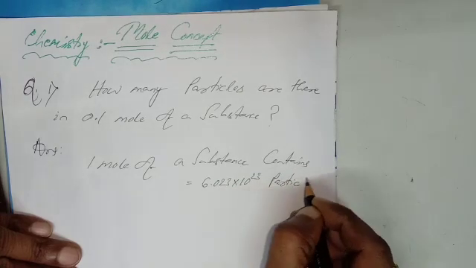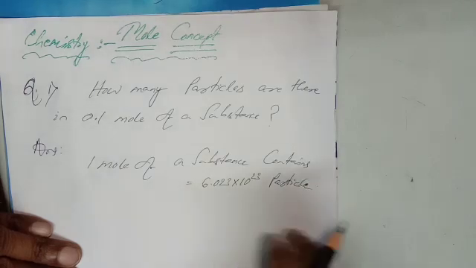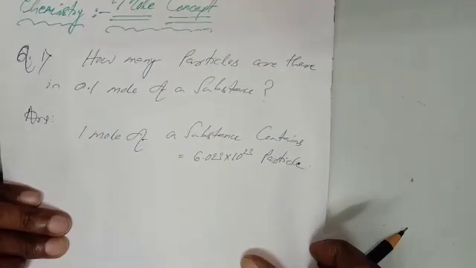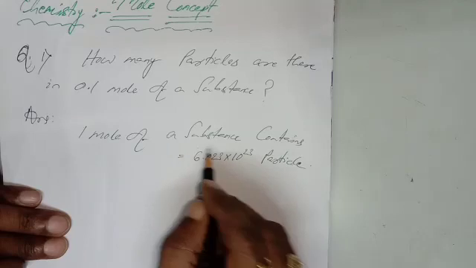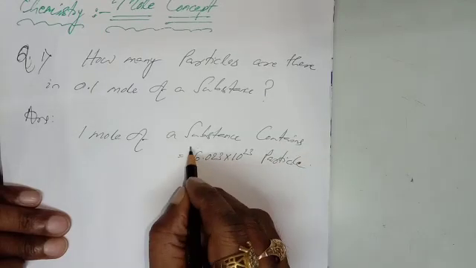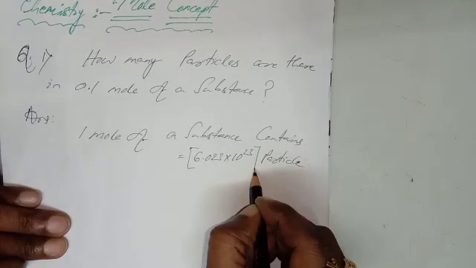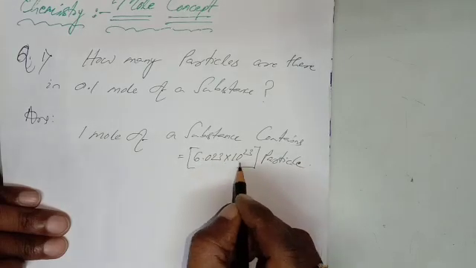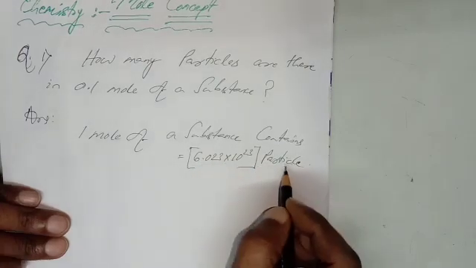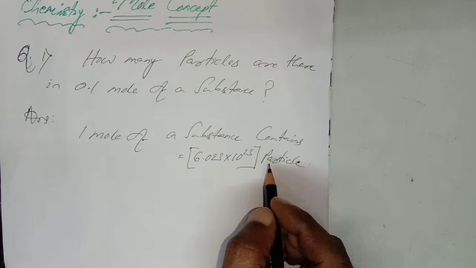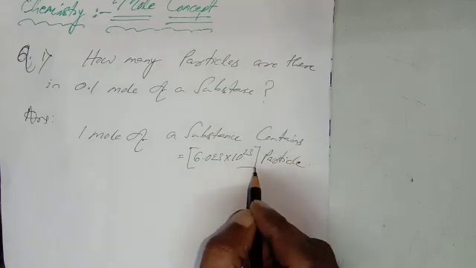And this number is called Avogadro number. Okay, I think it is clear. 1 mole of any substance contains this much number of particles.